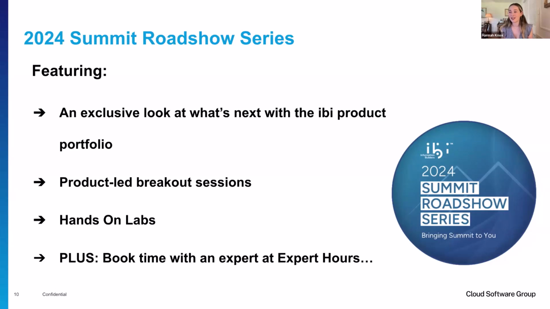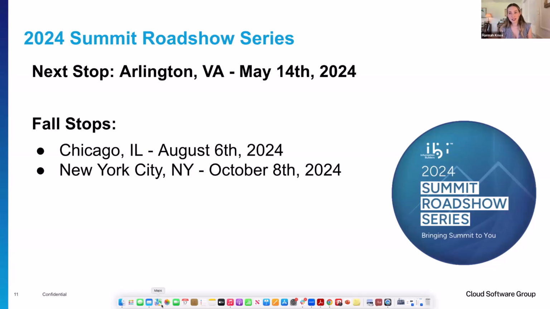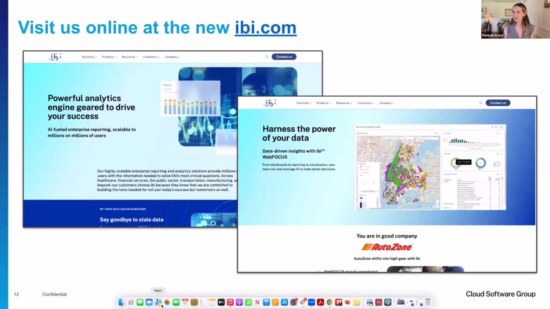This is your moment. You can come and get face-to-face hands-on training with IBI product experts. Go ahead and register now on our website at ibi.com/events. As I mentioned, our next stop is Arlington, but we do have two other events beyond Arlington scheduled for this year. We'll be in Chicago on August 6th and in New York City on October 8th. So check it out on our website, and we hope to see you there.